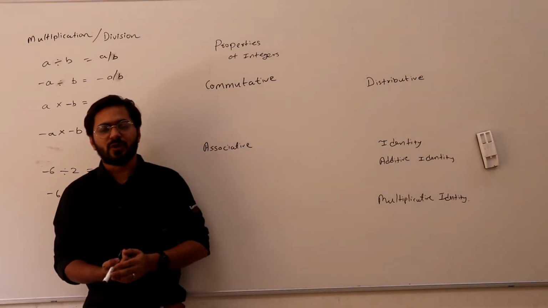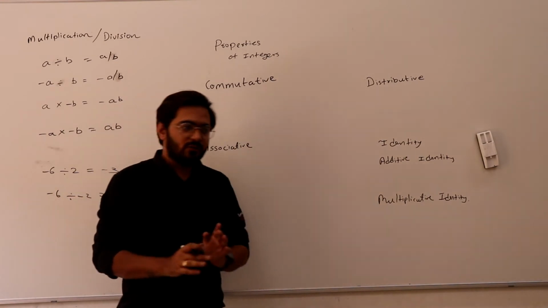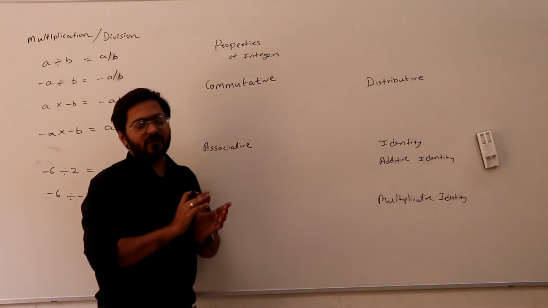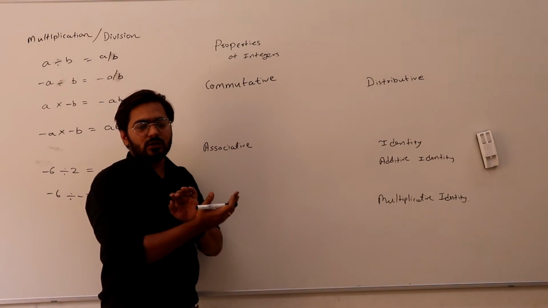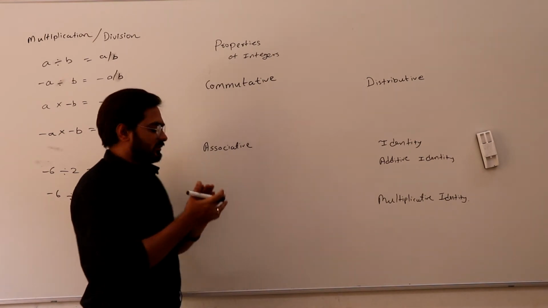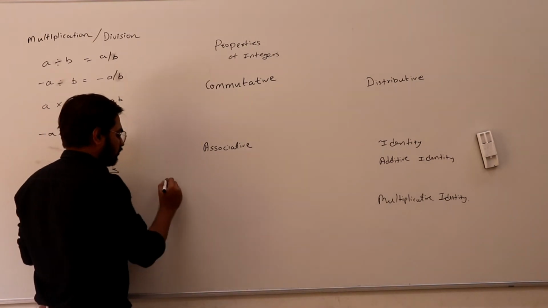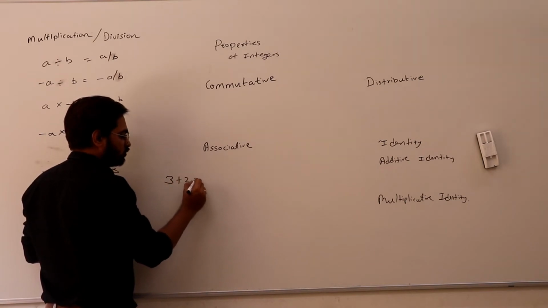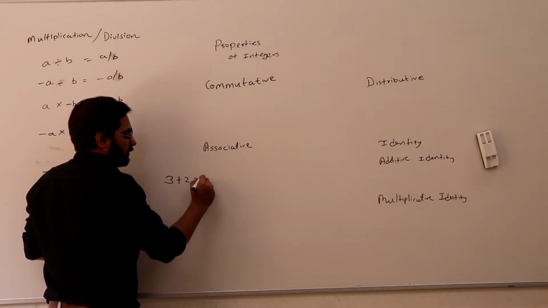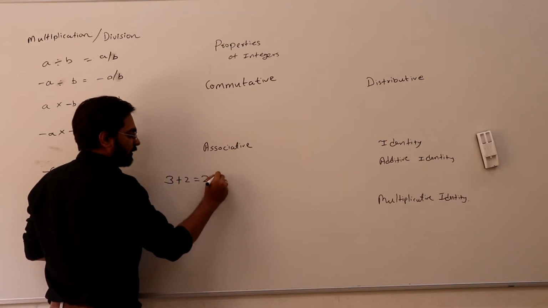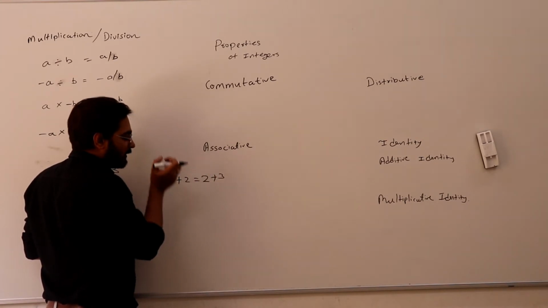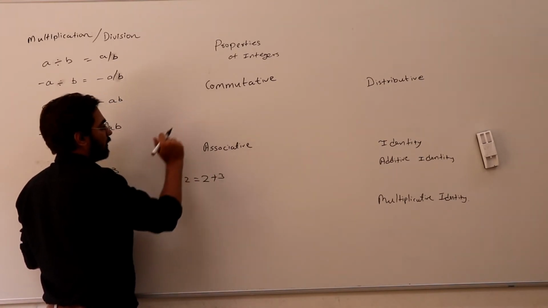Let us check commutative first. For example, if I do 3 plus 2, it should be as good as doing 2 plus 3. Understood? That is basically the commutative property.